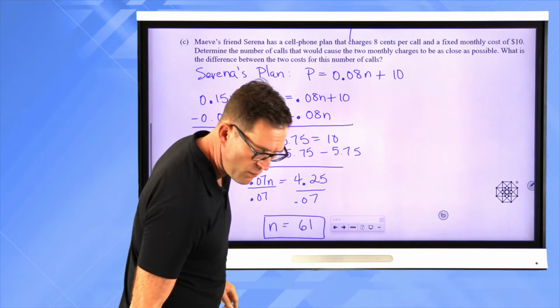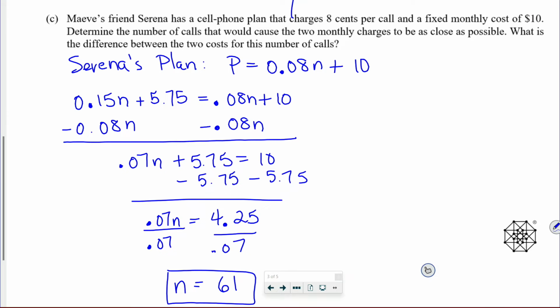All right, so we know that we've got 61. So for Serena, we've got P equals 0.08 times 61 plus 10. And that is going to be, what, 14.88.